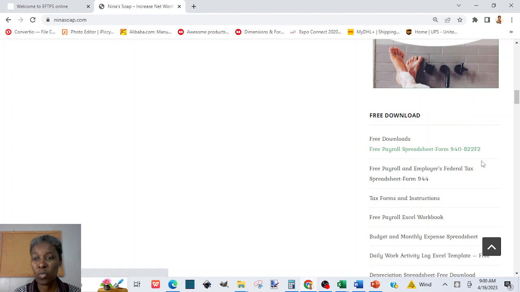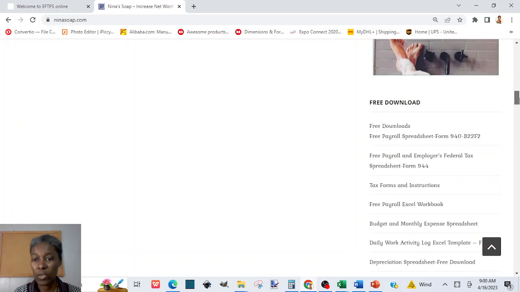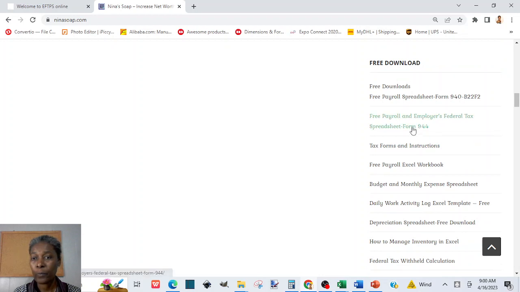We do have payroll spreadsheets, multiple versions, and the 941 will work for 944 and 941, as well as 940. Those are returns. You can take a look to see which one might be a better fit for your business based on your tax liability. Some might be more elaborate than you need.